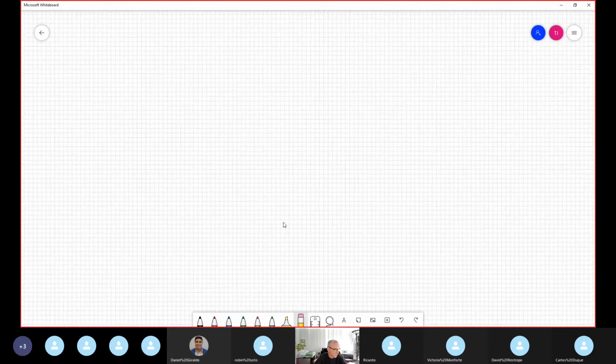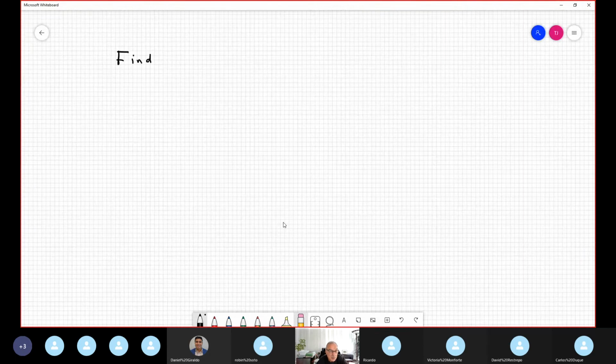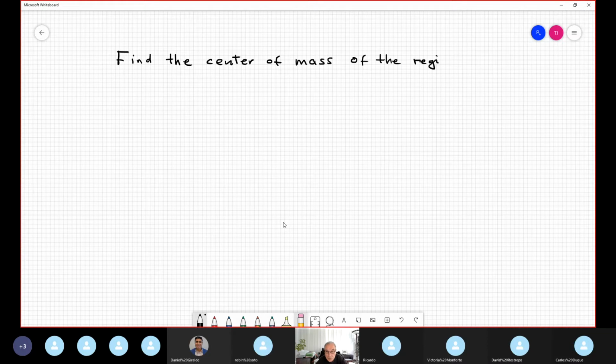Okay, let's switch into another topic. No, the same topic, but we try to cover some other applications of the double and triple integral, depending on the region. Center of mass. Suppose we find the center of mass of the region, in this case 2D, a double integral.